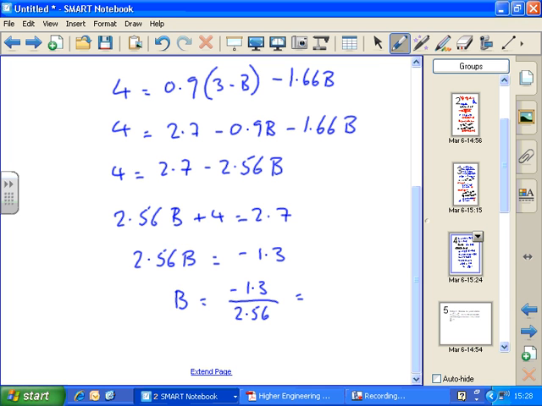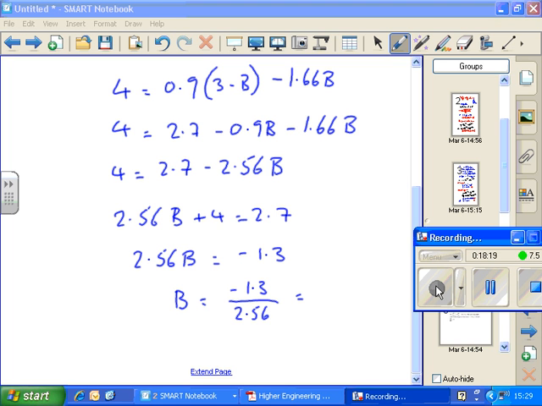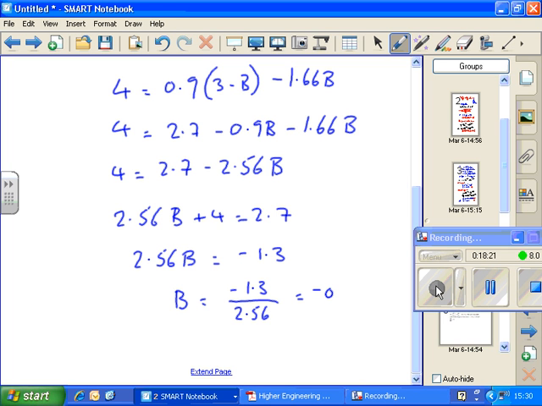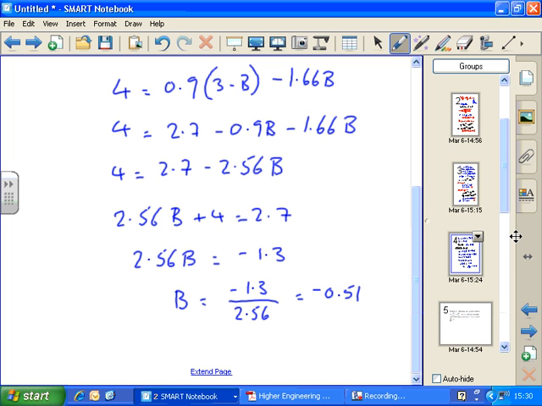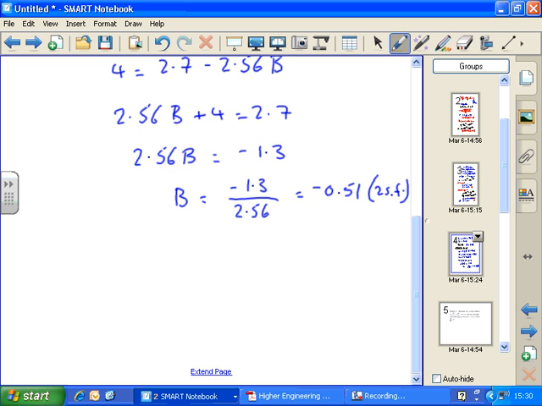And then we reach for the calculator to get that b equals minus 0.51, rounded to two significant figures. So we've got b. So once we've got b, we now substitute into a, into 1 rather, to find a.